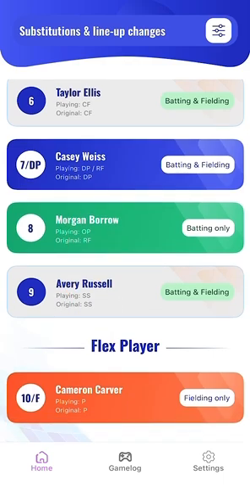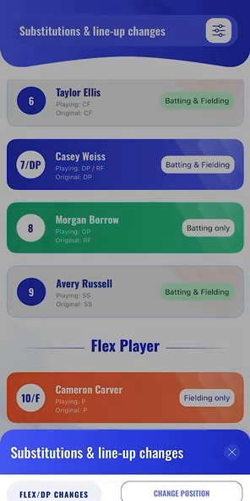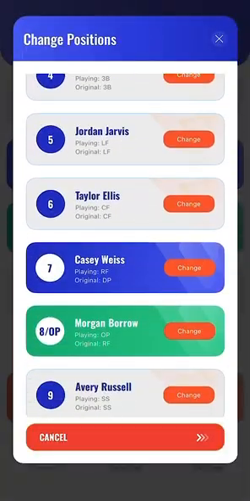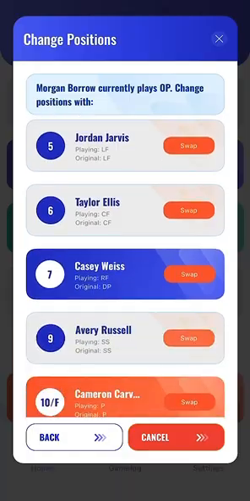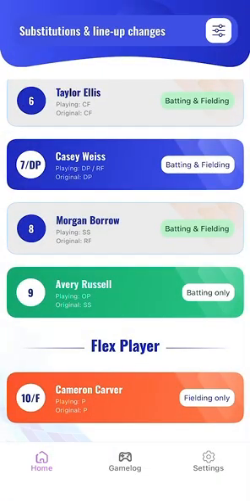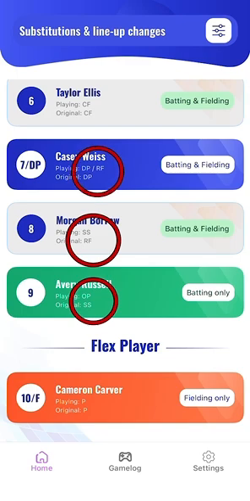We'll go up to the substitution bar again. This would just be telling the umpire, hey, time, I want to change positions. I want my OP Borrow playing short, and I want Russell as my new OP. So we can just switch those two. And now that's where we're at here: Russell OP, Borrow at shortstop, Weiss still in right field and DP.